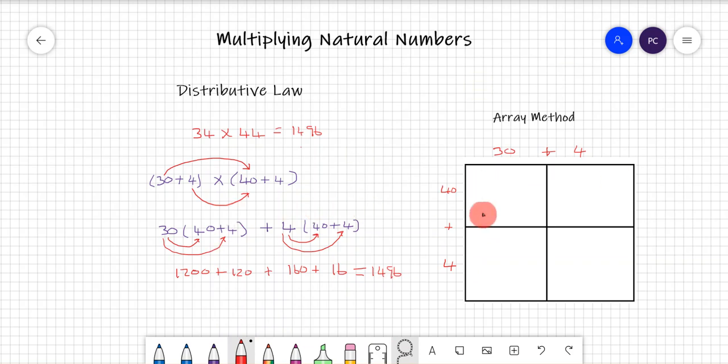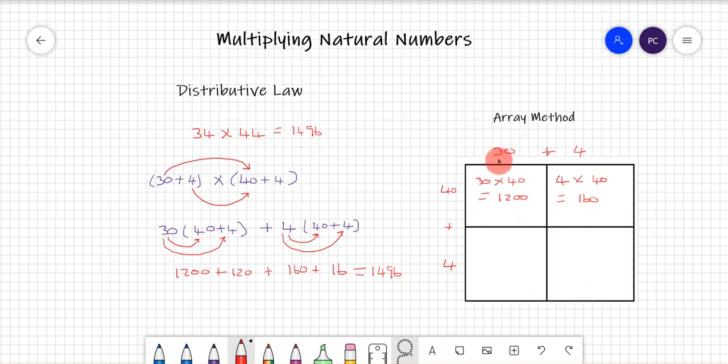Then we can do the calculation for each box. In this box, you multiply this by this: 30 multiplied by 40 is equal to 1200. Then you have 4 multiplied by 40, which is equal to 160.